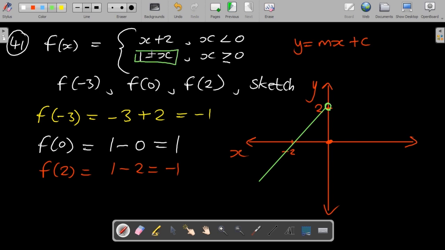This is a straight line with a gradient of minus 1 and a c of 1, or a y-intercept of 1, somewhere there at 1. And we know that it's going to cross that point, so you can shade it because it's included in the condition x greater or equal to 0.